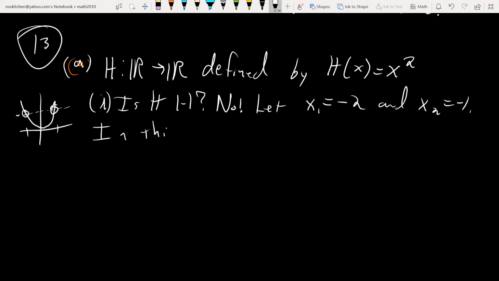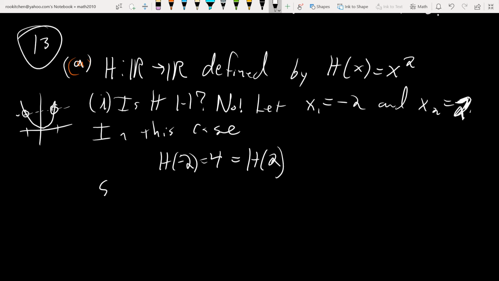In this case, h of x1, which is h of -2, is -2 squared, which is 4, and then h of 2 is 2 squared, which is also 4.